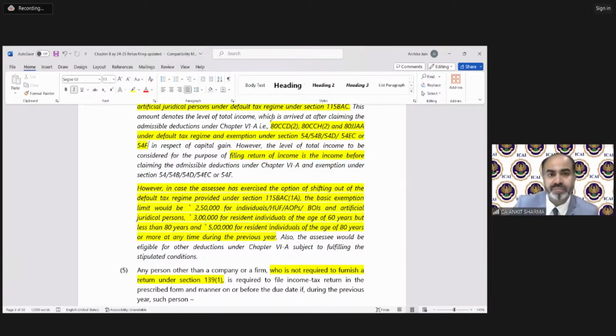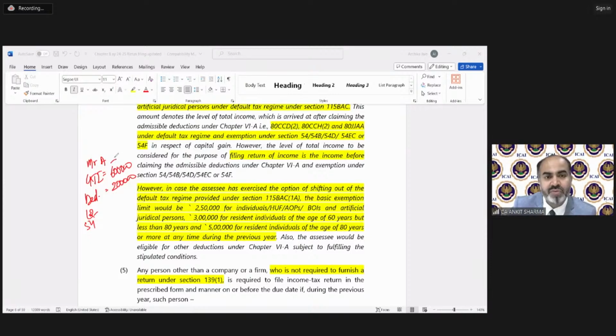For example, suppose Mr. A's GTI is 6 lakh, and his deductions are, suppose, 2 lakh, and exemption under section 54 is, suppose, 2,50,000. This is GTI before exemption. So suppose his total income after exemption and deduction is only 1,50,000.